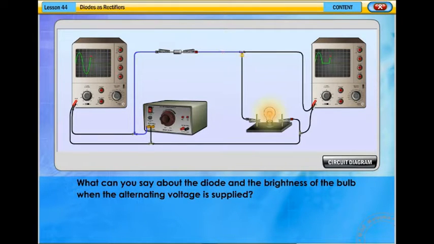The diode and the brightness of the bulb when the alternating voltage is supplied.